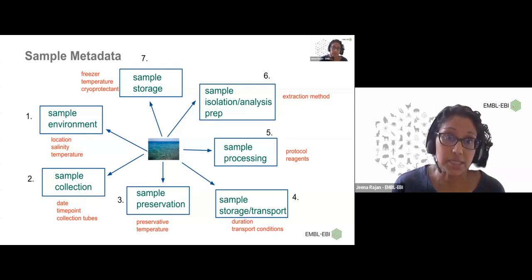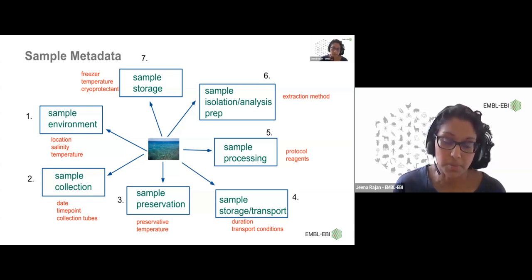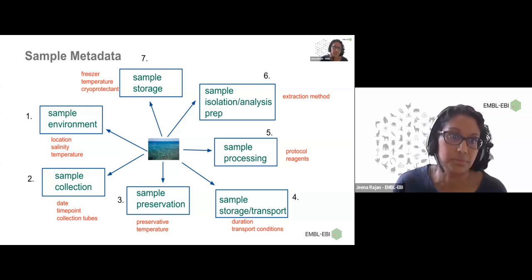And then for the sample storage, you might want to record the freezer temperature, the cryoprotectant used to store your samples. So all these things, it depends what it is you're looking at and how you think these things may affect your sample and therefore your data.